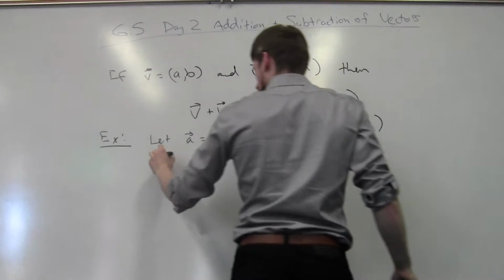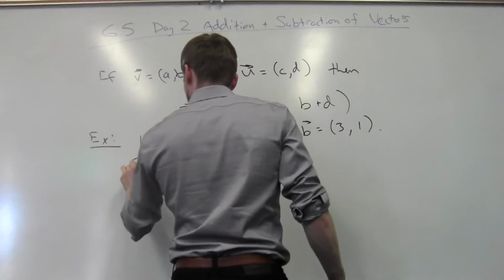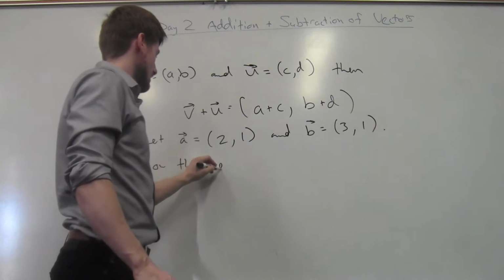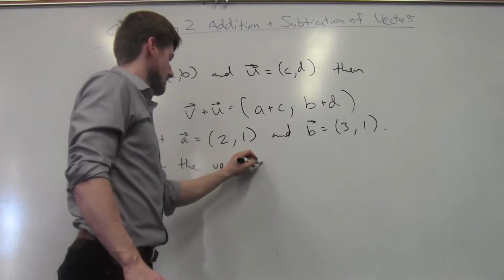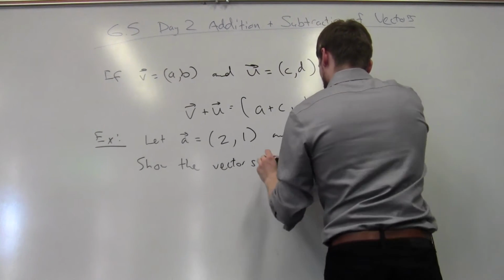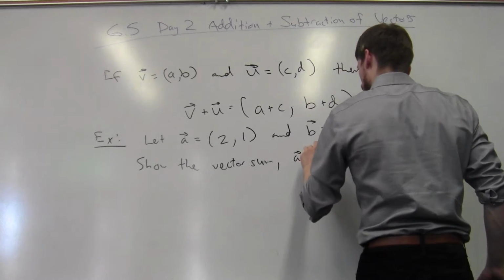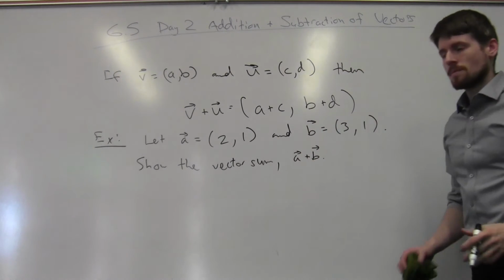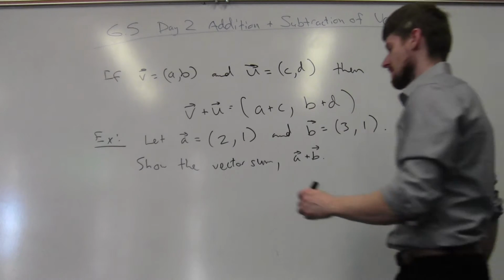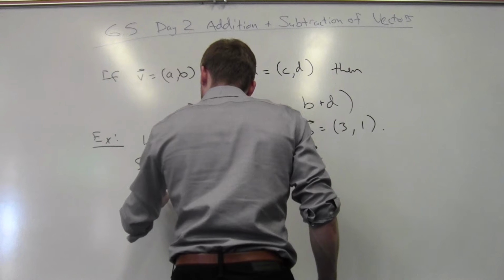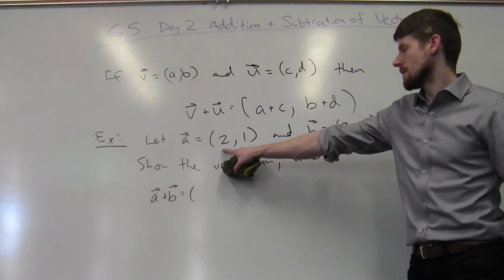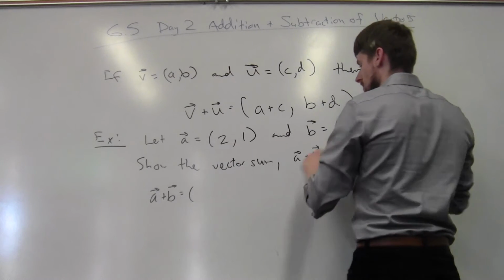And I want to show the vector sum A plus B. Now I can calculate it by this definition. A plus B must be the first coordinates added together, 2 and 3.